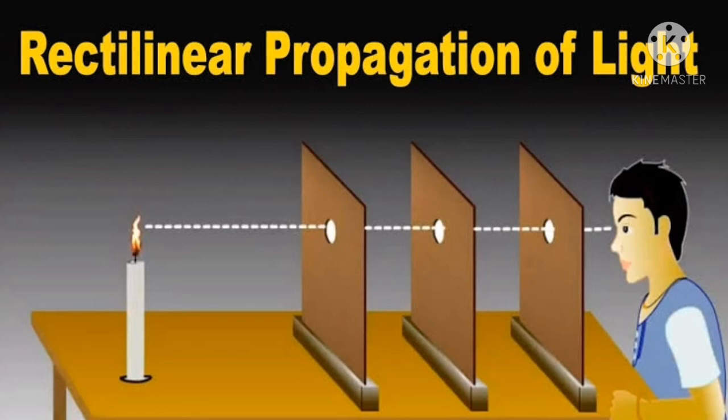Is the light source still visible? You will not be able to see the light source after the cards are shifted. You will notice that when the tube is bent or when one card is slightly moved, the light source is no longer visible. This is because the path of light is cut off or blocked. This proves that light travels in a straight line.